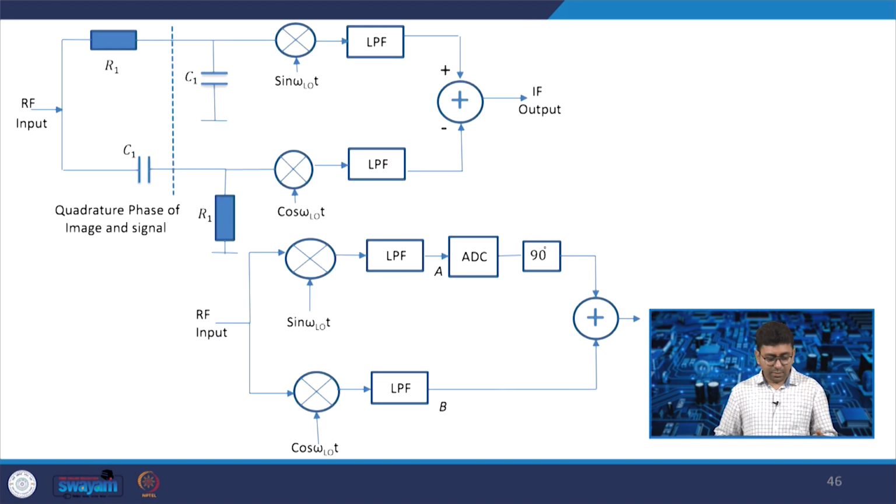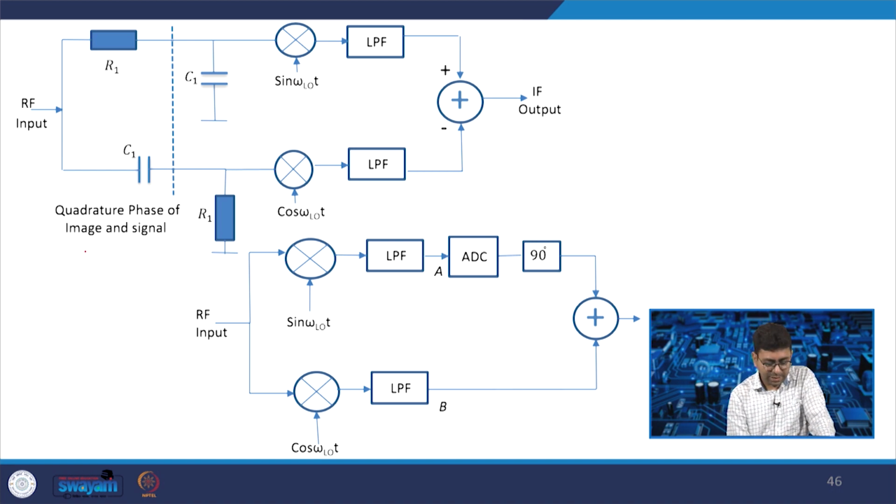Now, there is one more thing: you can also add the 90-degree phase shift prior to the down conversion, at the input side.